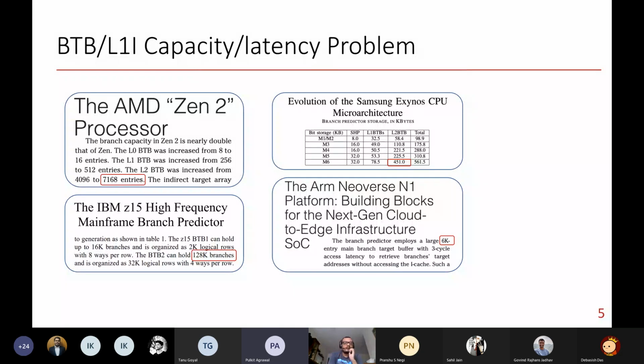All these machines have increased their BTB capacity, let's say from 4,000 to 7,000 entries, or from a few KB to hundreds of KBs. This means the code footprint is growing every few years, especially because of more and more libraries and more system level activities, which is forcing us to double or maybe triple the capacity of this BTB.